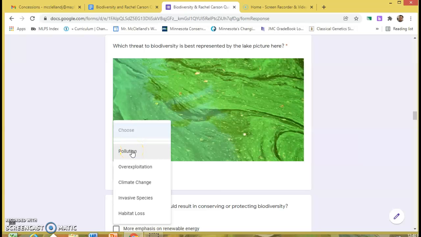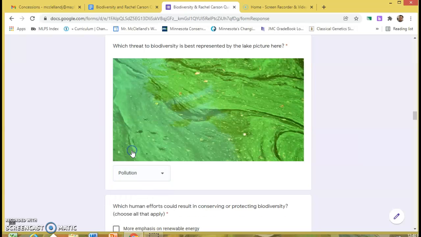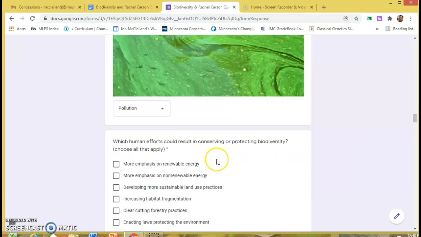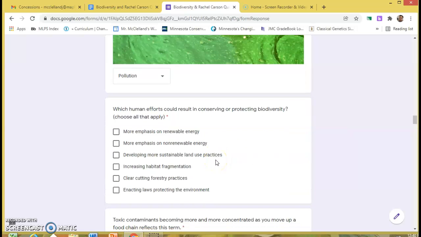And the actual process in the lake is called eutrophication. Which human efforts could result in conserving or protecting biodiversity? Well, if we spent more emphasis on renewable energy, that would be a protection.